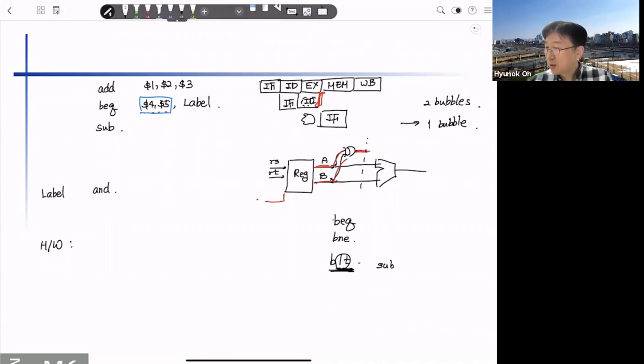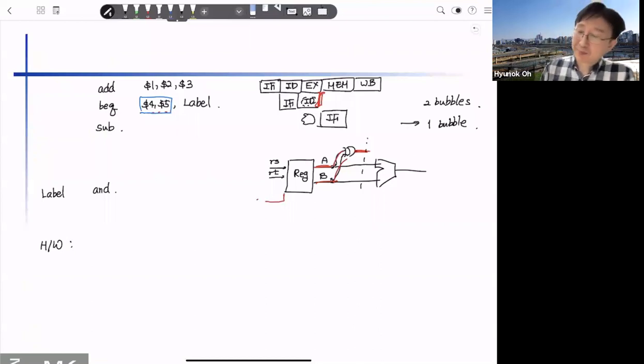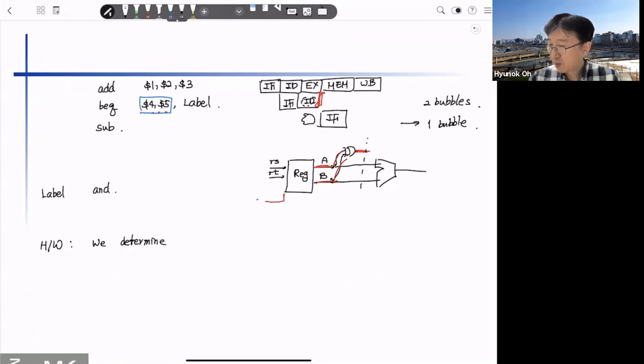Okay, so now the control hazard is reduced to 1. So we need one bubble. We determine the branch output, whether it's taken, so jumping, or not taken, not jumping, at the ID stage.